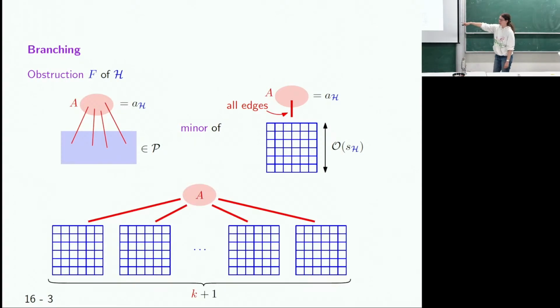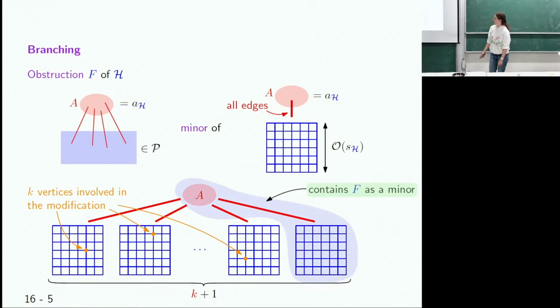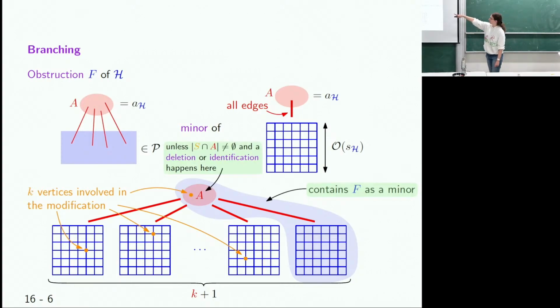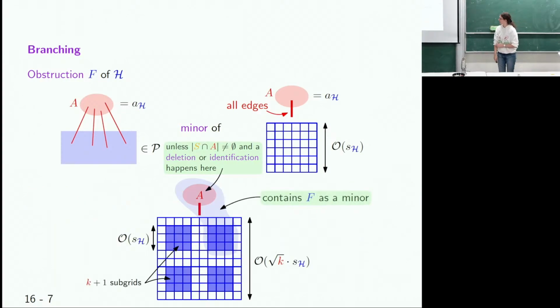And if you have k plus 1 such grids, no matter how you choose k vertices that will be involved in the modification, there is one grid that is free from any modification. So this means that here we have F as a minor, unless there is a modification done in your apex set A. So essentially, if you find the structure in your graph, you know that some modification is done in this set A of small size.